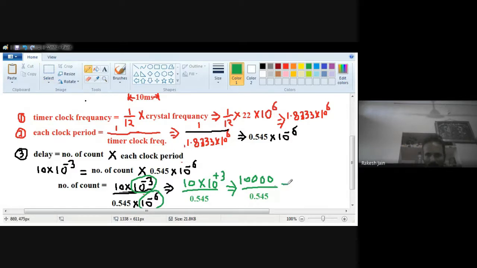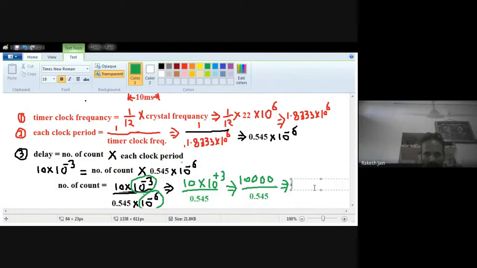We just check on the calculator. So 10,000 divided by 0.545 will be 18,348. When you check from the calculator, it will be 18,348. Once again, I am going to check this value. 10 and 3 times 0 divided by 0.545, so it will be 18,348.